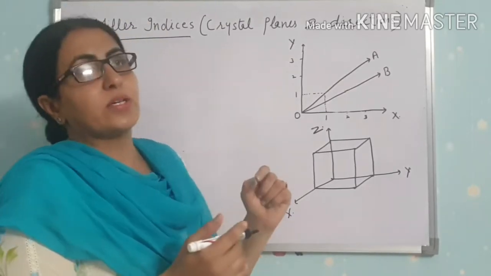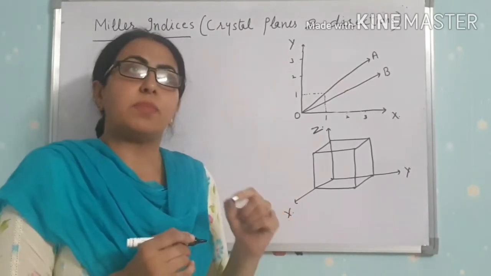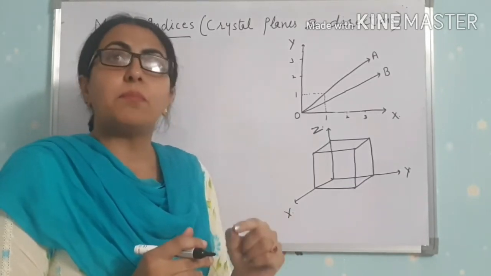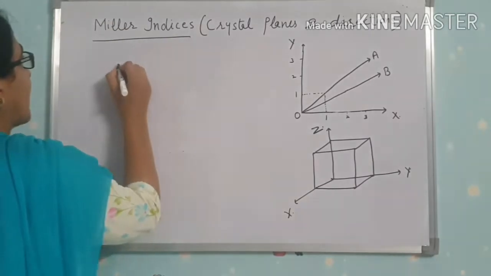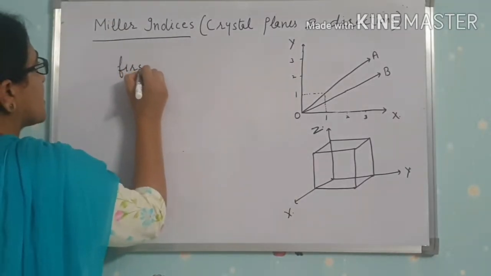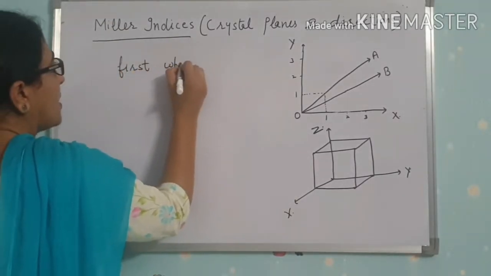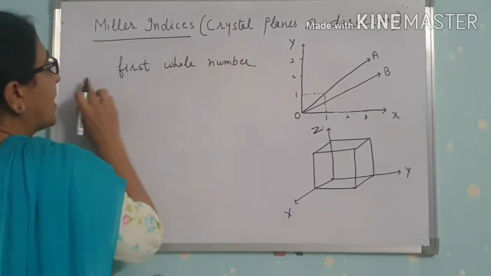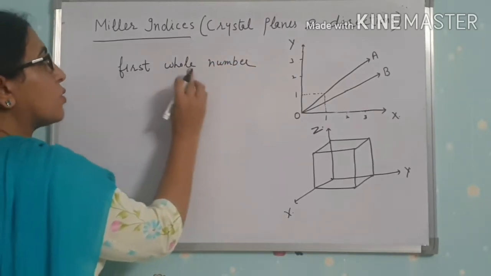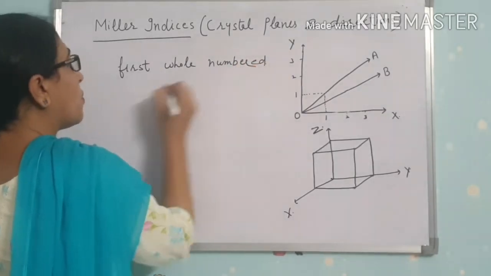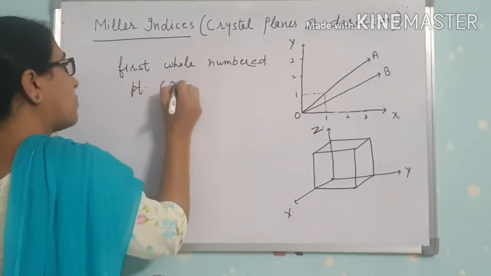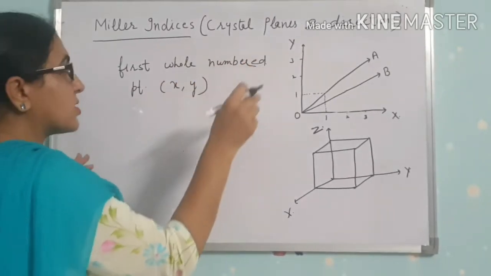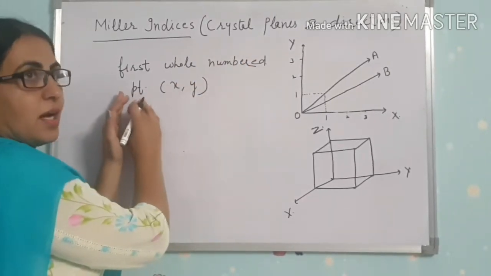Now how to describe these directions? These directions are described by the coordinates of the first whole numbered point, say x, y, and this direction must pass through this point.